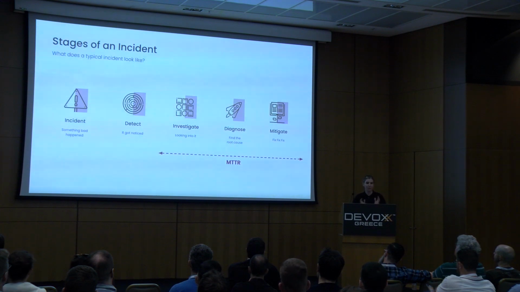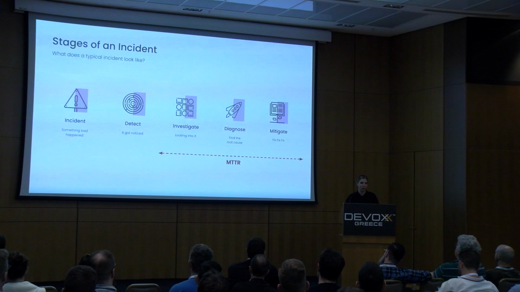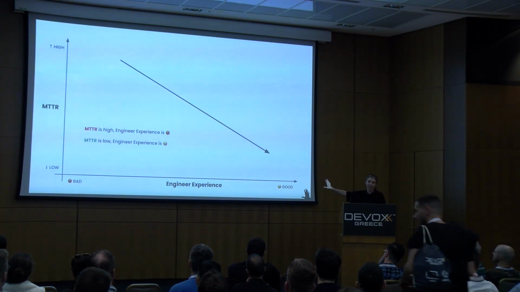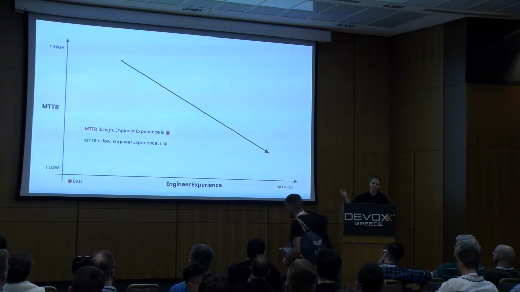So we have seen that there's a strong correlation between MTTR and customer satisfaction. In this case, the customer is the engineers who are resolving the incident. And we have seen that when the engineering experience is bad, the MTTR is high.